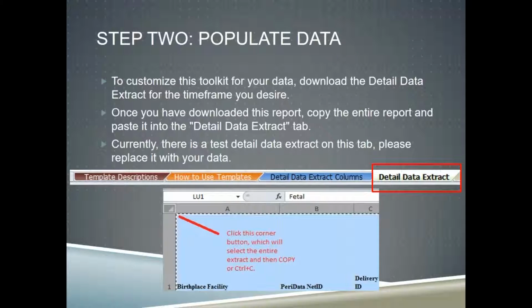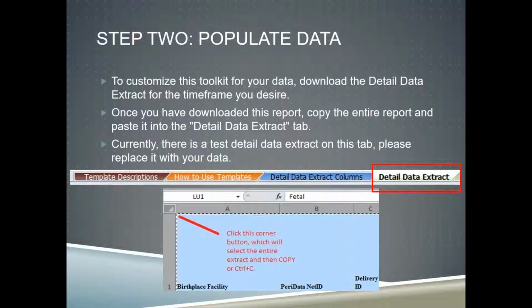Once you download the actual TXT file, you go into the template that you downloaded initially. There's a tab underneath there called Detailed Data Extract. You click on the top left corner of the spreadsheet itself, and that highlights every record, every column and every row.